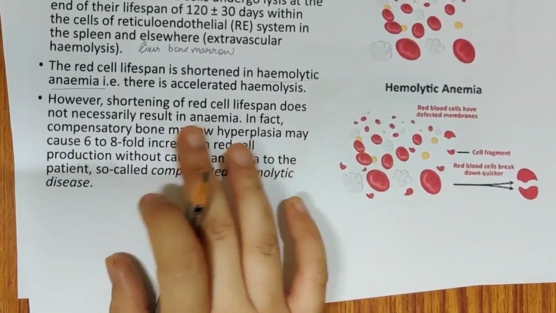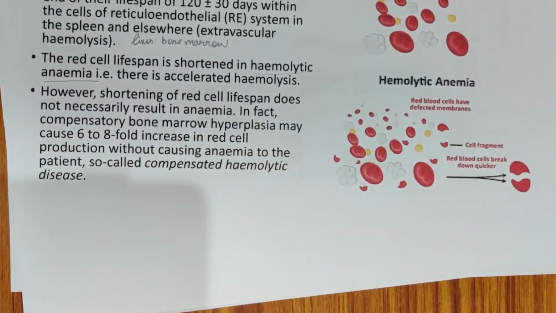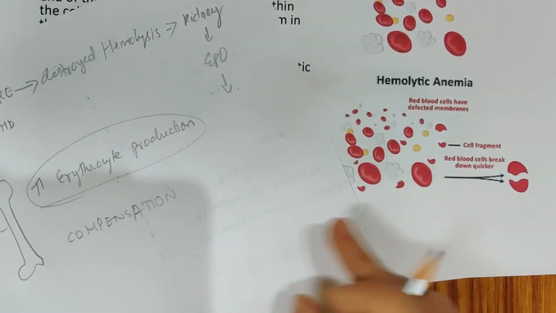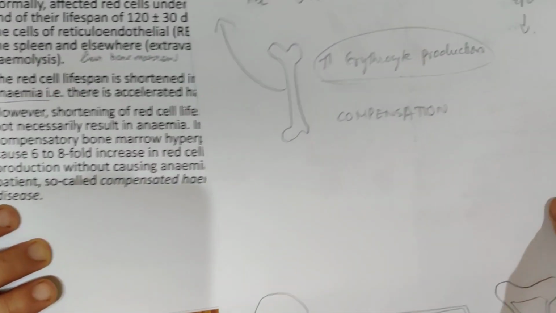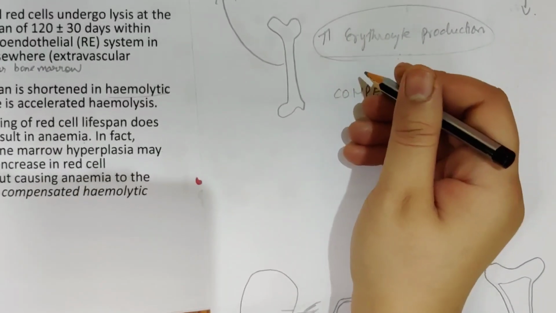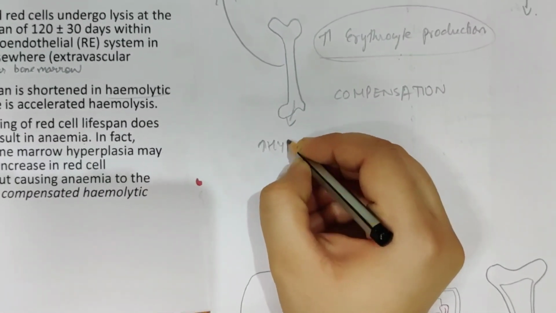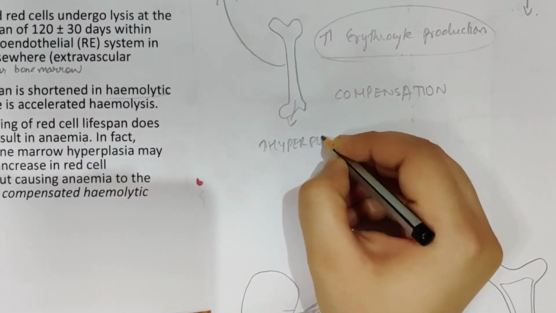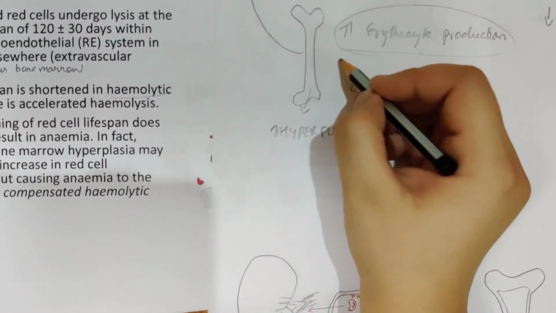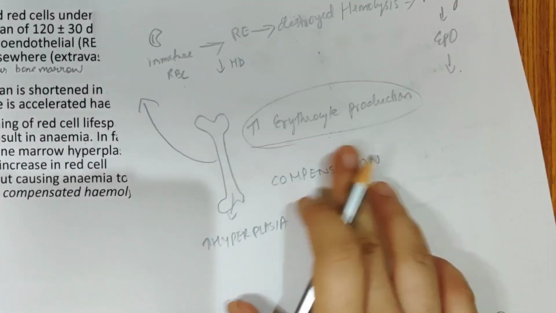So what happens is compensated bone marrow hyperplasia. There will be bone marrow hyperplasia, which will lead to an increase in erythrocyte production. This erythrocyte production will go into the circulation.